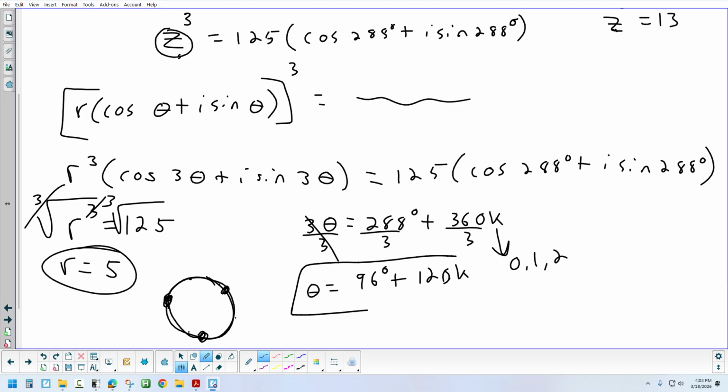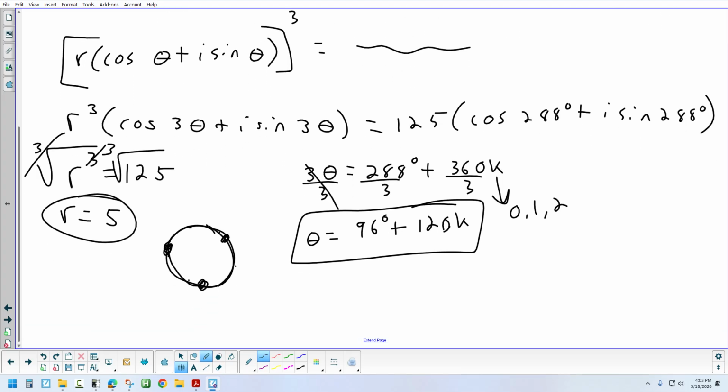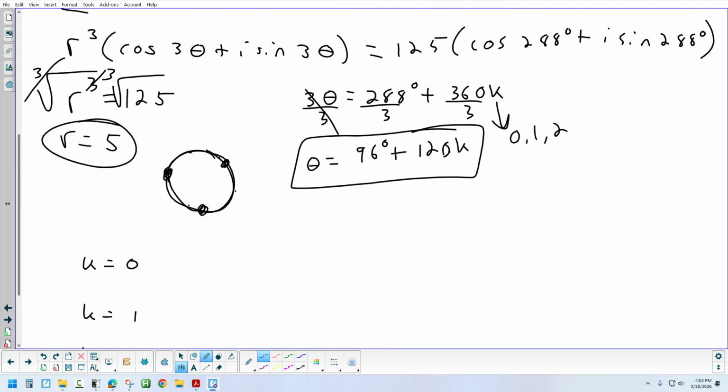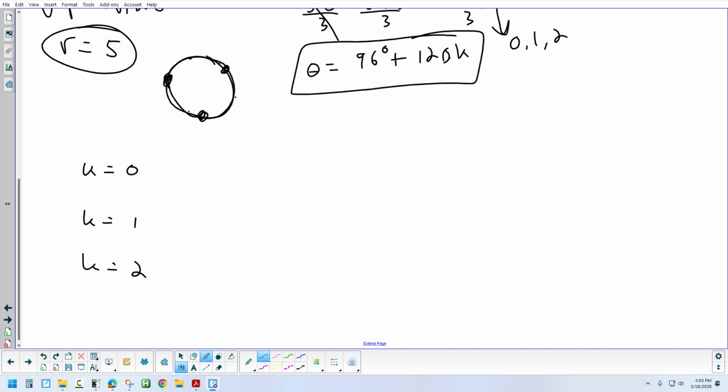All right. So we've got the formula to find all the angles. We know the size of the circle, which is the same for every answer. We just have to write all the answers. There's k equals 0, 1, and 2 that we just said. Let's write them down. So r cosine.